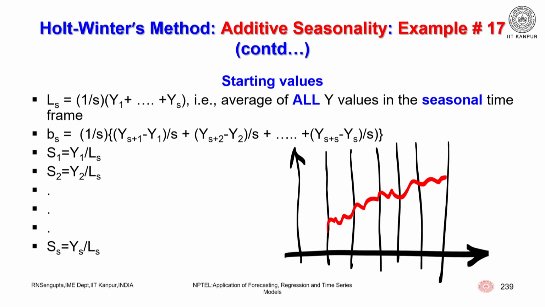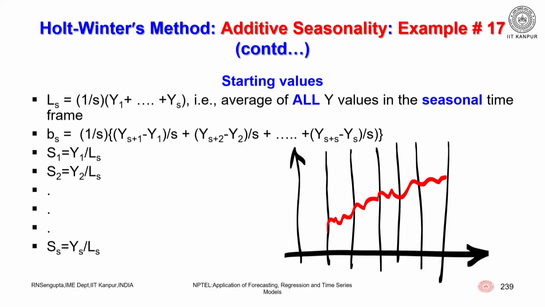If the seasonality is 4, I go to the s plus 1 time and take y1 away, divided by s, because that smoothens out the values corresponding to s plus 1 and 1. The time difference between y1 and ys plus 1 is s. So, I am trying to take the average of the starting value of the next season and the starting value of the previous season. Then I find the average of ys plus 2 minus y2, and continue doing it up to y2s minus ys.